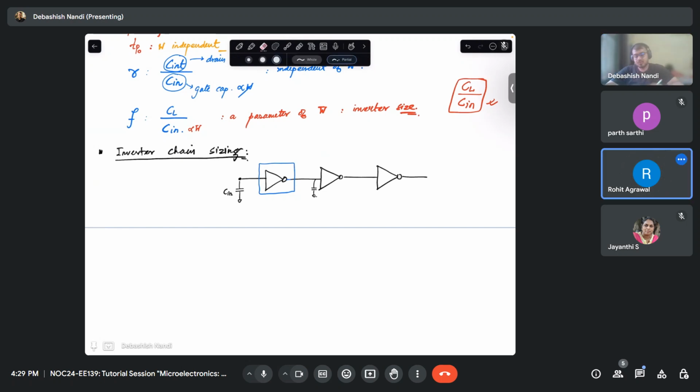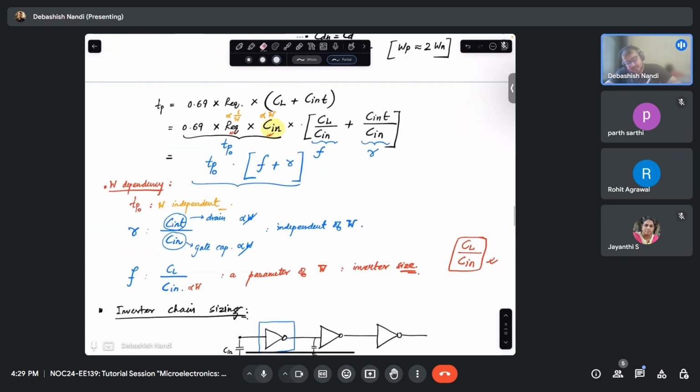So what is happening? This C in comes into picture when you have a multiple inverter chain. So stage 2's C in acts as load of stage 1. Is that statement clear? Yes, sir.